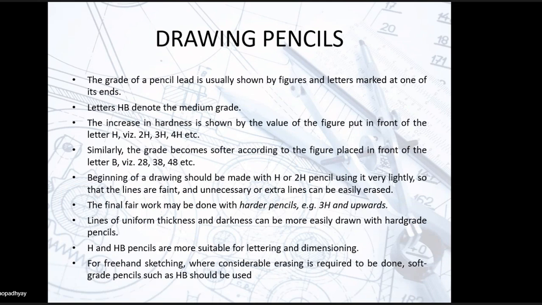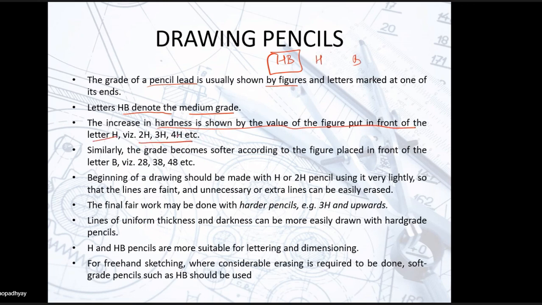Then you have drawing pencils. In your pencil case, you have mostly used HB pencils, I suppose. HB denotes medium grade. The grade of a pencil lead is usually shown by figures and letters, HB, H pencil, or something like that. You can have an H pencil or a B pencil separately. The increase in hardness is shown by the value of the figure put before the letter H. So 2H, 3H, 4H.